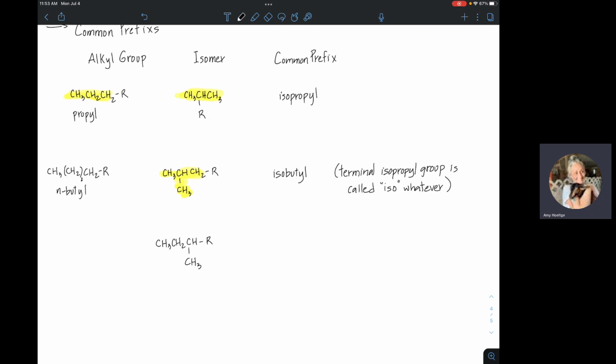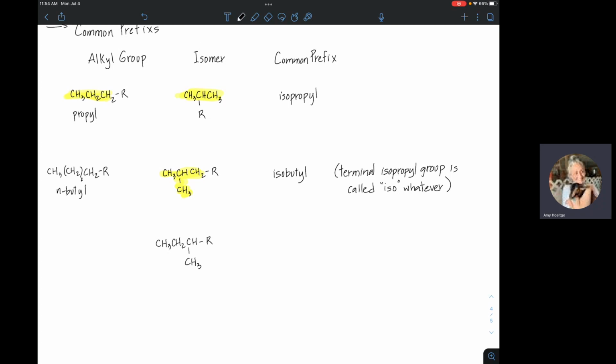So that carbon is going to be considered secondary if we're just looking at, hey, what R might be. Say it's a hydroxyl group, right? It would be a secondary alcohol. Or in other words, you have a carbon there that sports 2 alkyl groups, and who knows what R is. It could be another alkyl group, could be like just a regular old alkane. But in other words, we have R, and we're staring at the secondary carbon. Or in other words, R is on the second carbon in the butyl group.